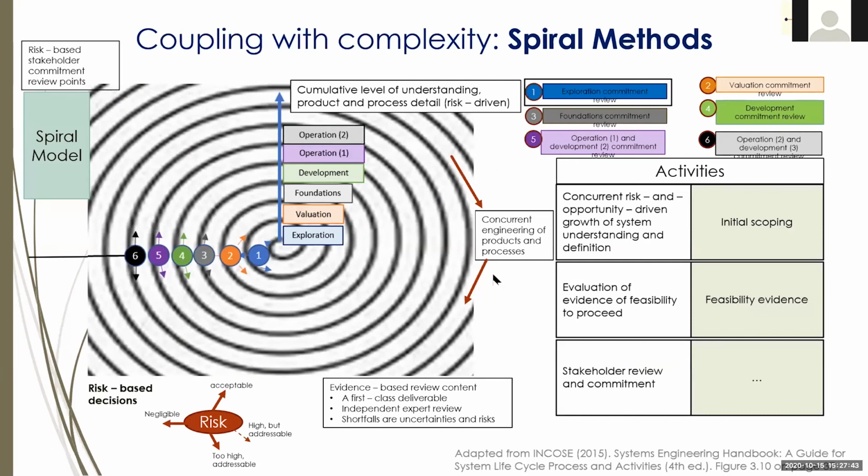Another way of coping with complexity was done by the spiral methods. And they were made specifically to cope with uncertainty. You may have uncertainty, for example, on the requirements. Maybe you really do not understand the problem, and you need to give yourself an opportunity to start working little by little, maybe with small prototypes, to gain some knowledge in that application domain or whatever you are working on.